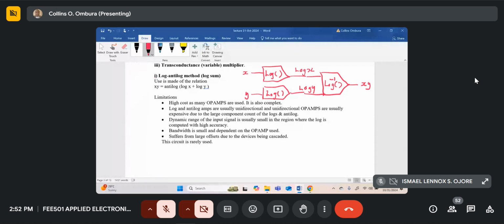It has so many components inside, so many op-amps, so many offsets to deal with. Therefore it will have the following limitations. Number 1, it will be high cost because many op-amps are used. It will also be complex. Number 2, log and anti-log amps are usually unidirectional, meaning they compute the logs only for current going in one way.